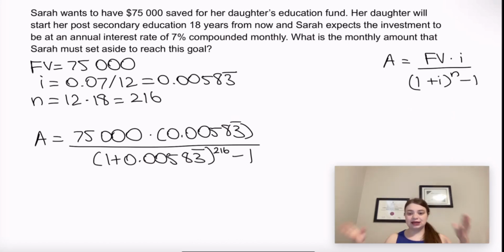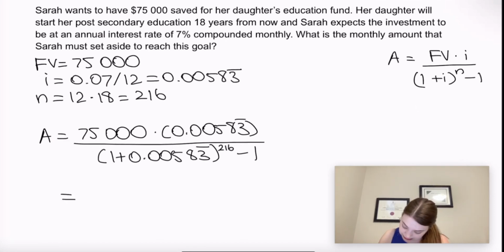The reason we're doing that second set of brackets is to show that we're taking the first number we got and dividing it by the entire bottom, right? That will avoid it just dividing by this number here and then subtracting 1 from the result of that. That's going to get us the wrong answer, definitely. So the answer that I got here is $174.13.